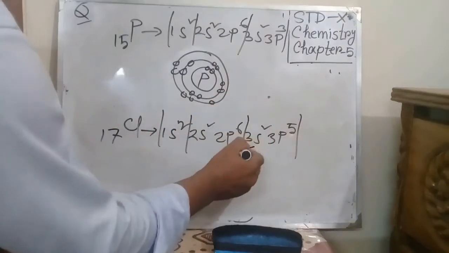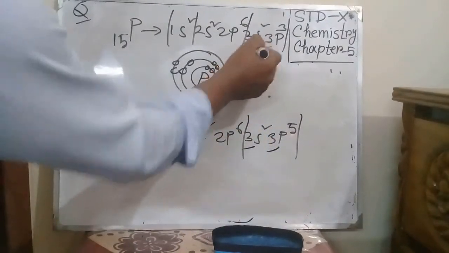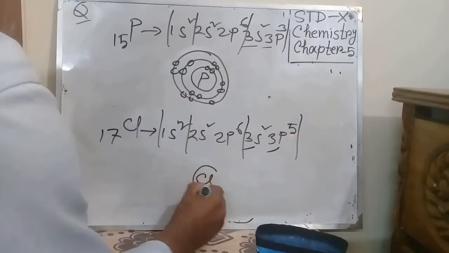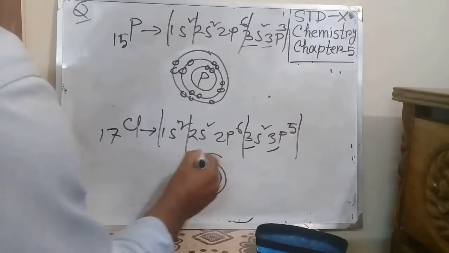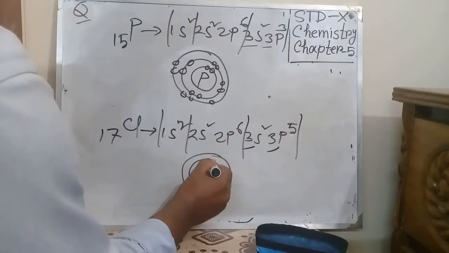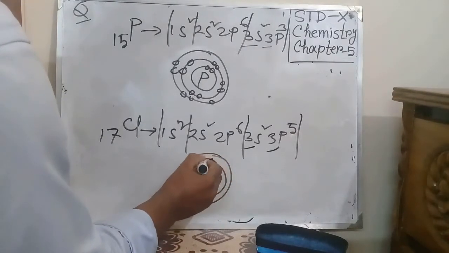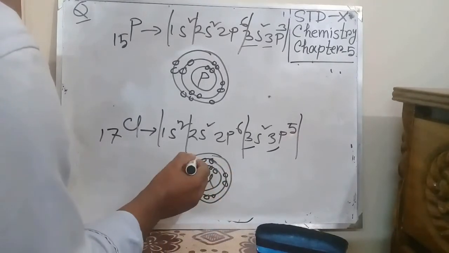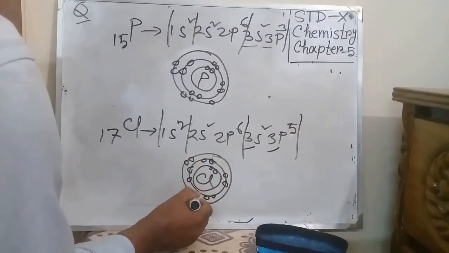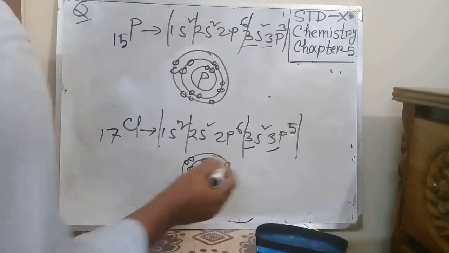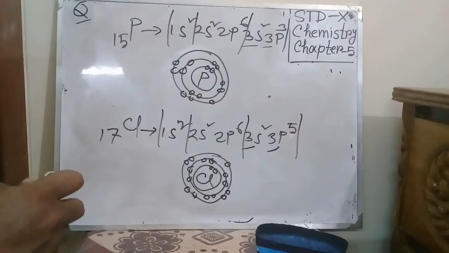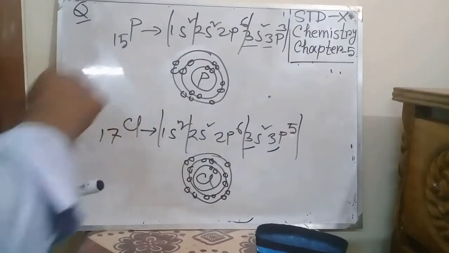For chlorine, the principal quantum number is 3, and here the principal quantum number is 3. So the number of shells is the same, but the number of electrons is more in chlorine.